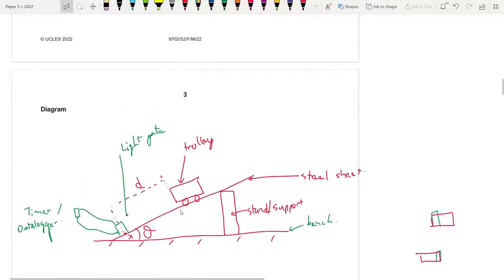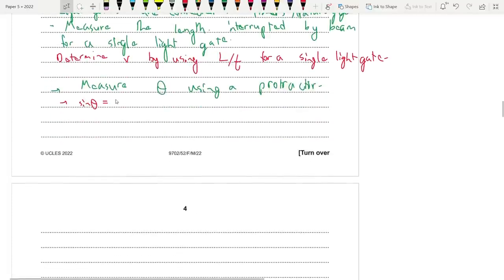Like you could go for this. You could call this opposite, right? And you could call this length hypotenuse, right? You could just go for sine theta is equal to opposite by hypotenuse. That works.